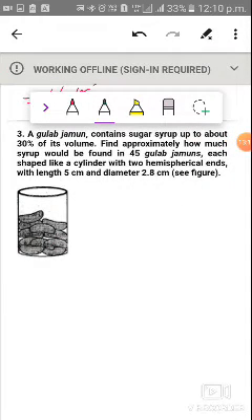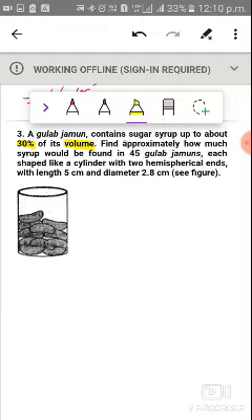Okay class, now let us see question number 3. So in question number 3, a gulab jamun contains sugar syrup up to about 30% of its volume. So how much sugar syrup a gulab jamun contains? That is 30% of its volume.